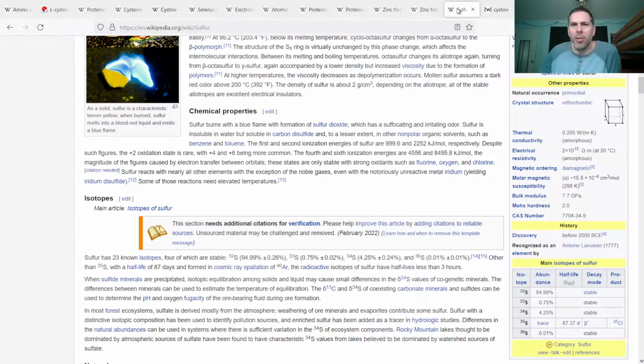So there's only a couple of amino acids with sulfur, and so if you're doing some experiments, you can use sulfur-35, which is a radioactive isotope with a half-life of 87 days and emits a high-energy electron.